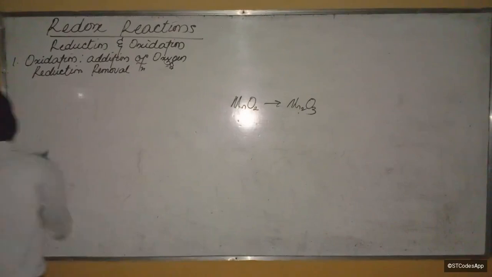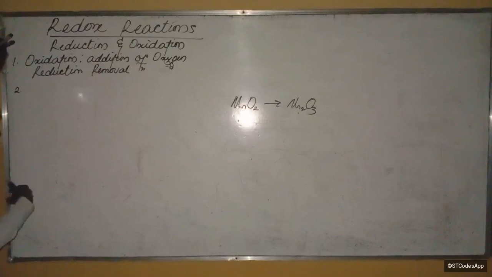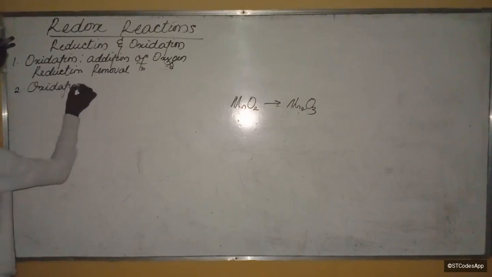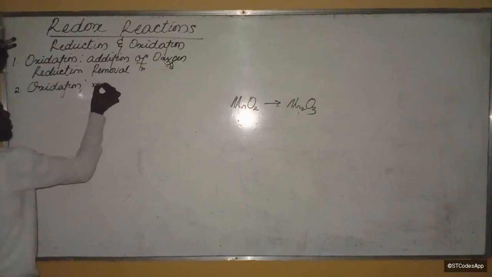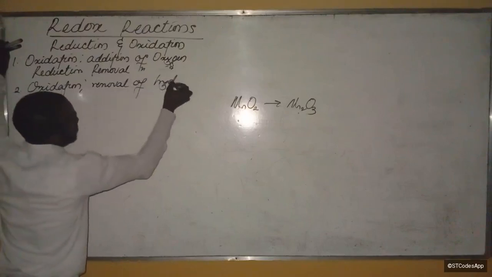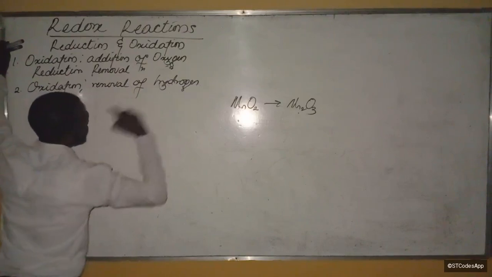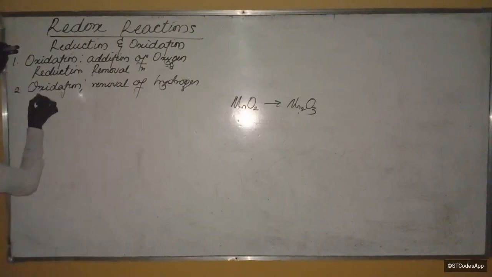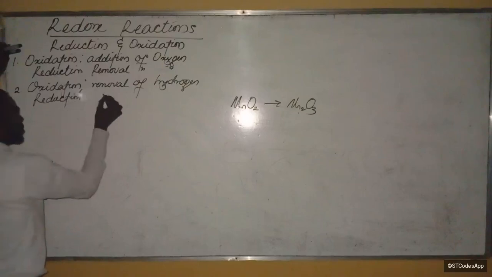Now, what's the second definition that was given to oxidation? When they reacted with acids and substances containing hydrogen, they saw that oxidation could also be defined as the removal of hydrogen from something, while reduction was defined as the addition of hydrogen, which is the opposite, right?